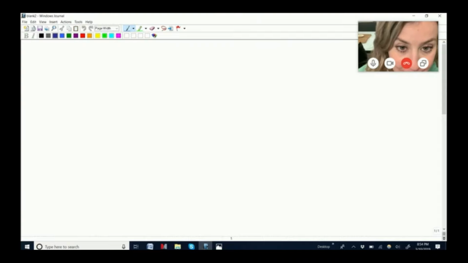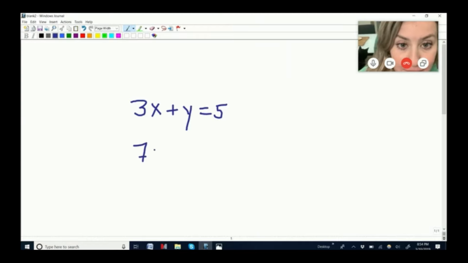For example, they might give you 3x plus y equals 5, and they might also give you 7x minus y equals 15. Before I dive into this, does this ring a bell from what you've done in the past?